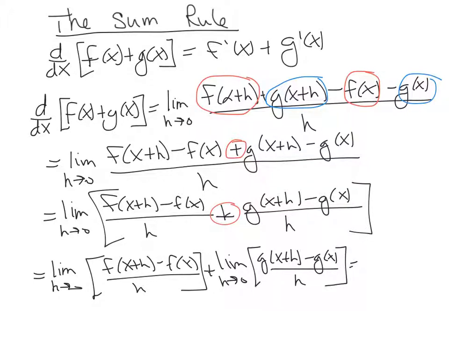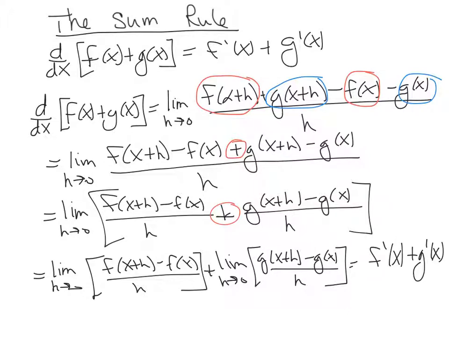But that first limit is our definition of f prime of x, and that second limit is the definition of g prime of x. So we now see that the derivative of the sum of f and g is the derivative of f plus the derivative of g. And we've proved our sum rule.